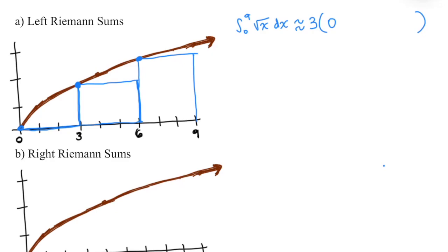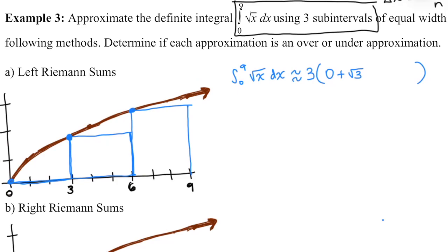So the y value there is the square root of 3, because remember, I'm just plugging it into this equation, f of x equals the square root of x. So this point is just the square root of 3. And then the last height is the square root of 6. If I were to multiply this all out, I would get 12.5446.